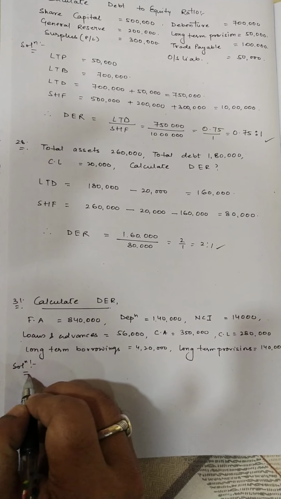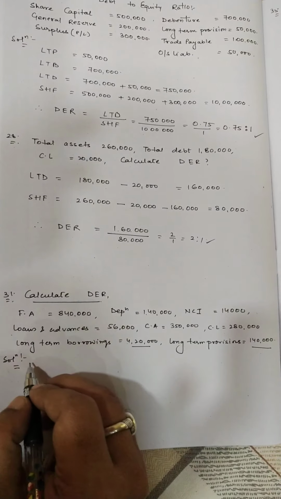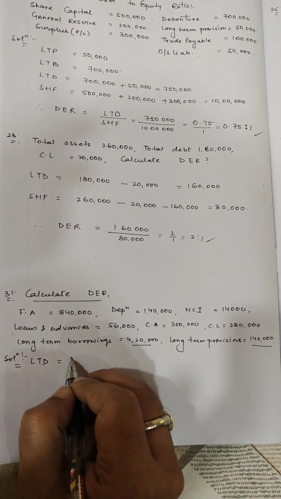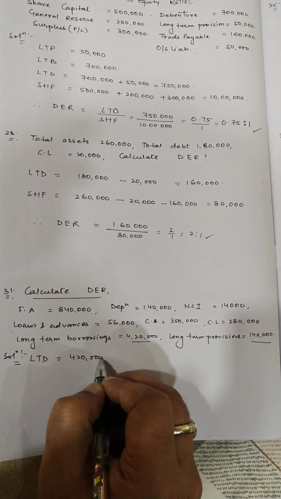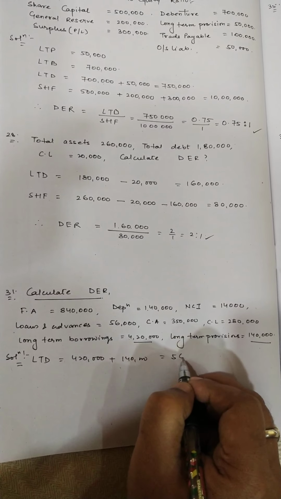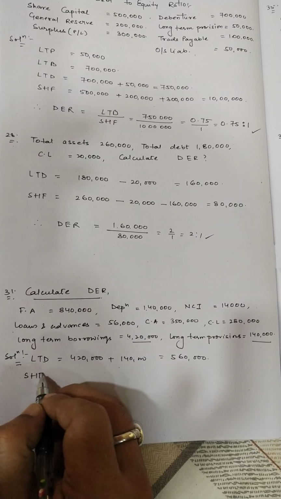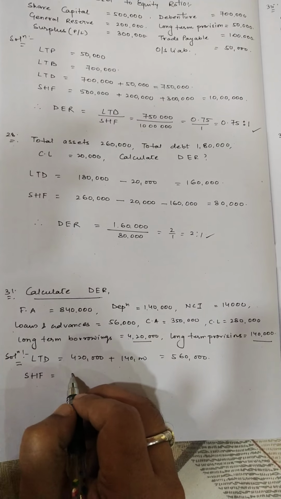Now, question number 31. See here. Long-term borrowing is 420 and long-term provision is 140. So long-term debt we can find easily just by adding long-term borrowings and long-term provisions, that is 560. And for SHF we have to use the formula from the asset concept.